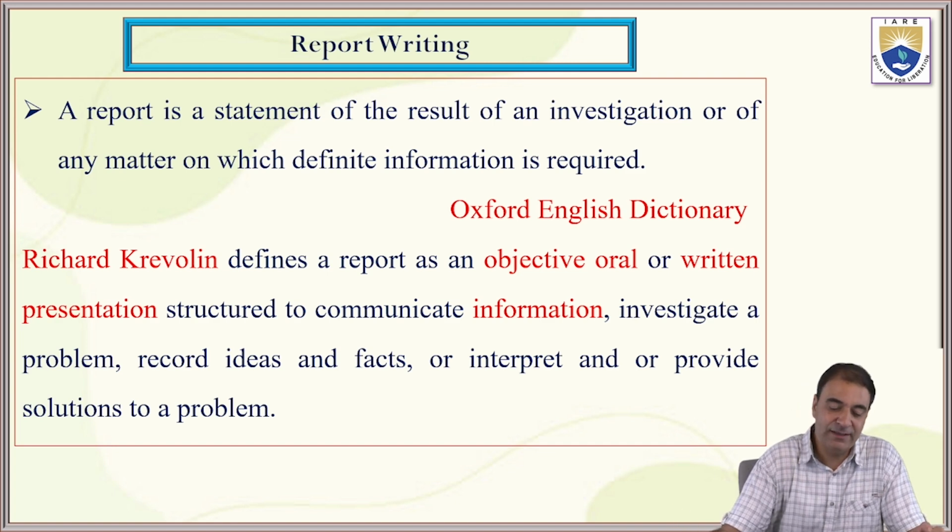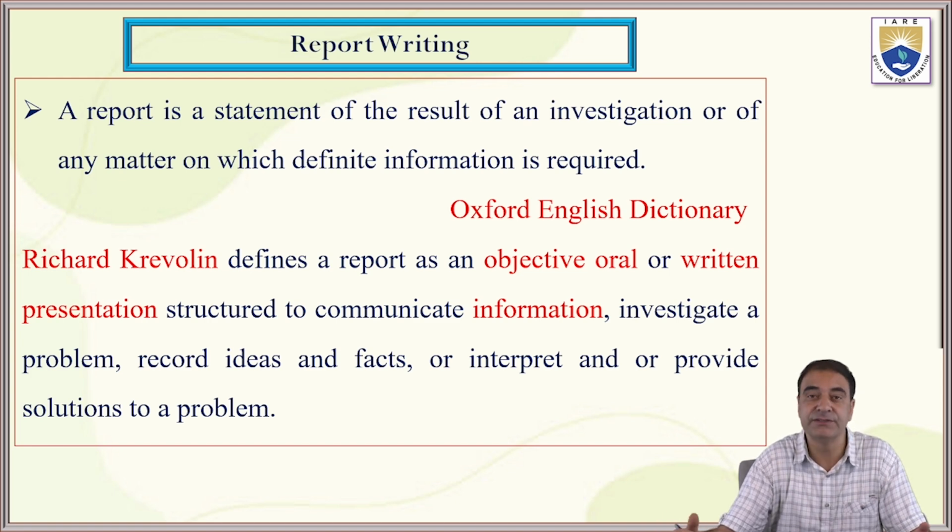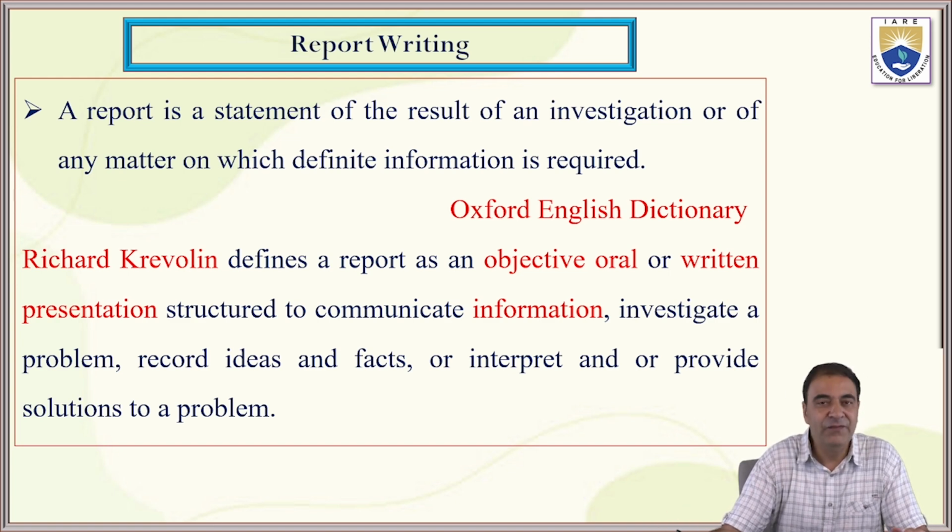That's why we say, or of any matter on which definite information is required. Definite means the exact. Here we don't have any freedom to take digressions. Now, this definition is propounded by the Oxford English Dictionary. Then we have another one, where I will try to make it more explicit.